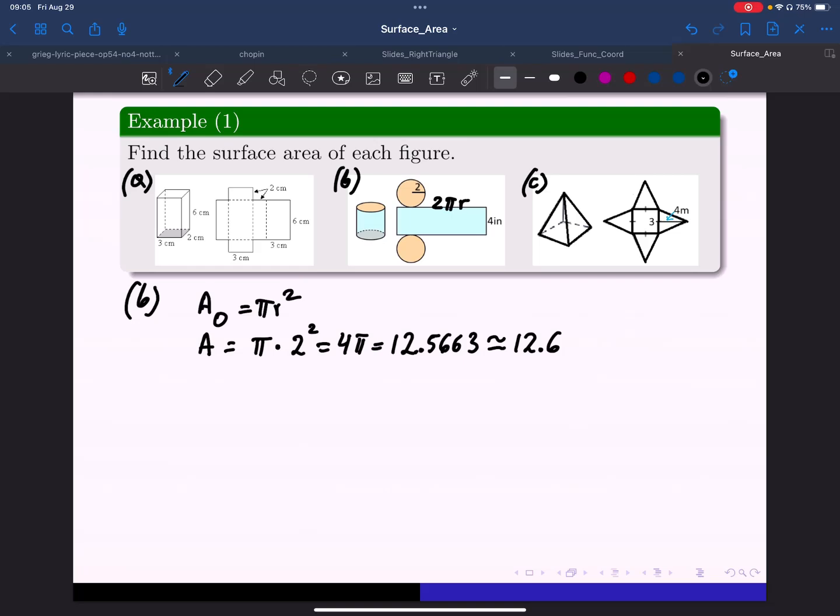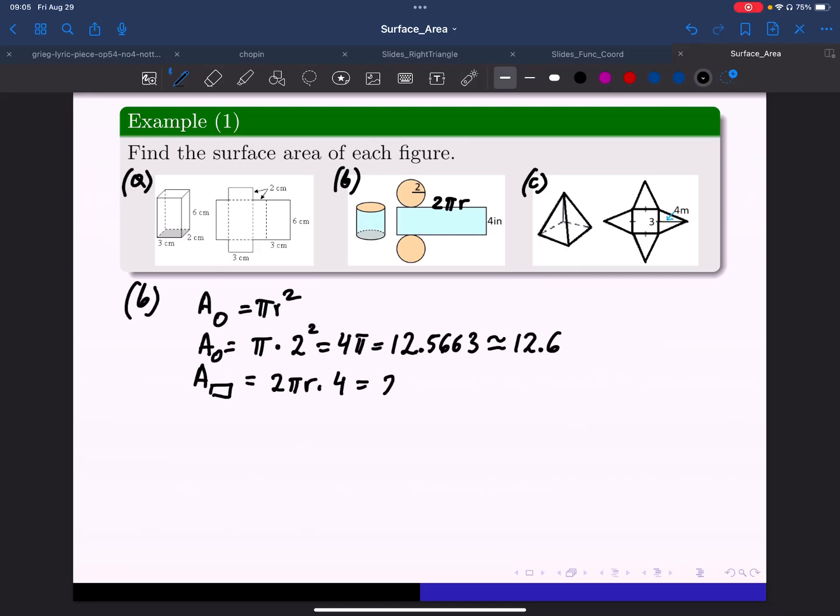So the area, let's keep this one as the area of the circle. Area of the rectangle would be 2 pi r times the height, which is 4. My r is 2, so we can substitute 2 here.